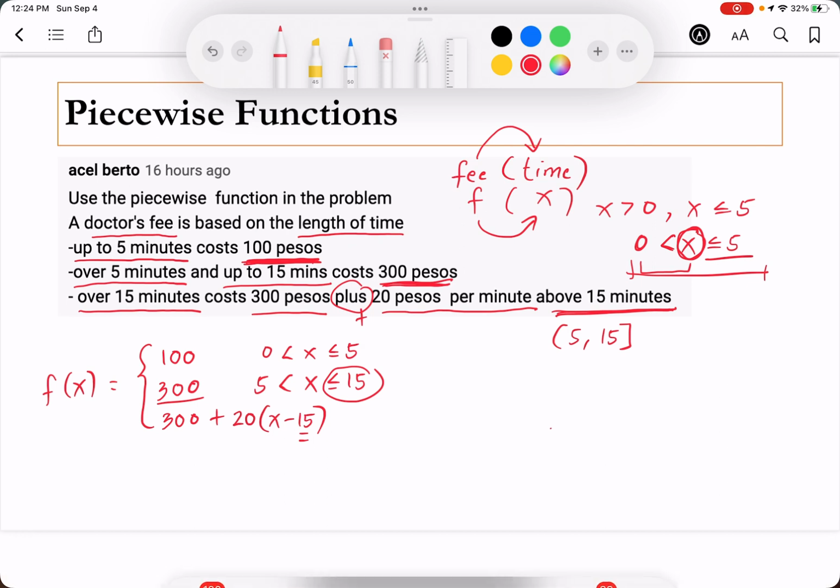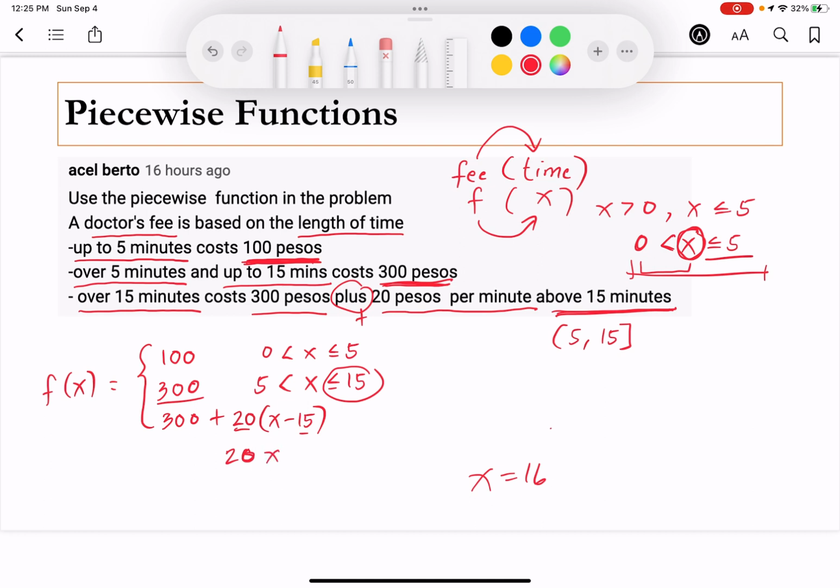Para kunyari, kung ang nilagi mo ay 16 minutes, isusubtract mo lang 16 minus 15. So, yung excess, 16 minus 15 is 1. So, 1 minute times 20 is still 20. Pag hindi mo siya sinubtract, ang mahal-mahal ang babayaran mo. Let's say, kunyari, hindi ko sinubtract yung 15. So, 20x lang siya.